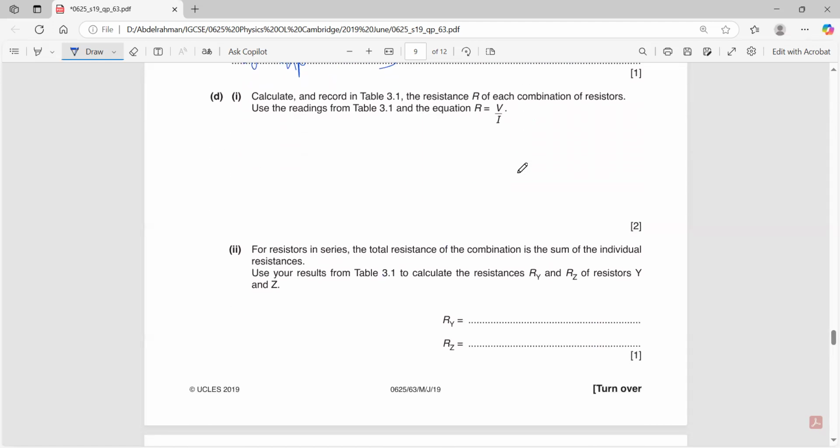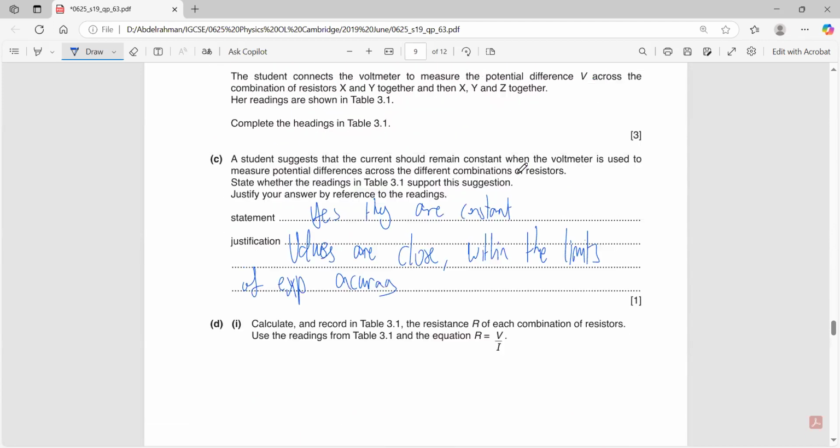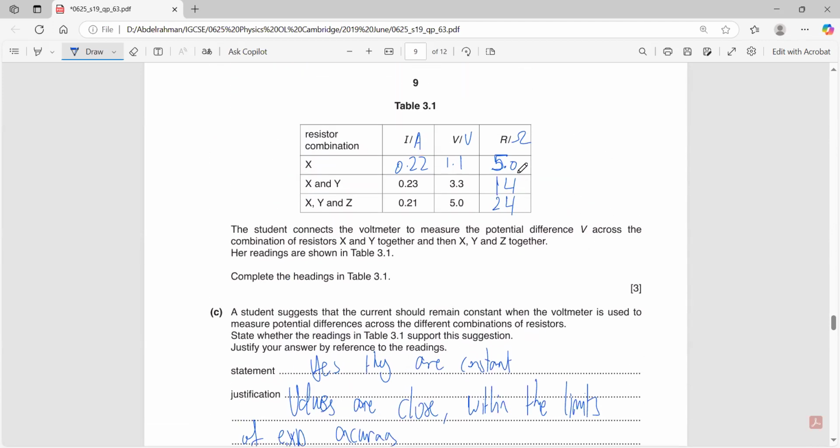For resistors in series, the total resistance of the combination is the sum of the individual resistors, right? Use your results from table 3.1 to calculate the resistance of Y and Z. X on its own was 5 ohms. Can I find Y?